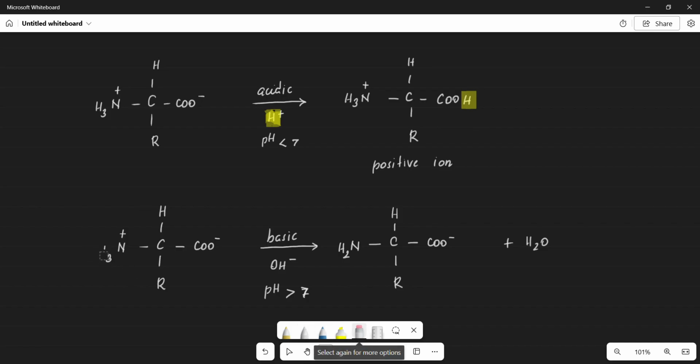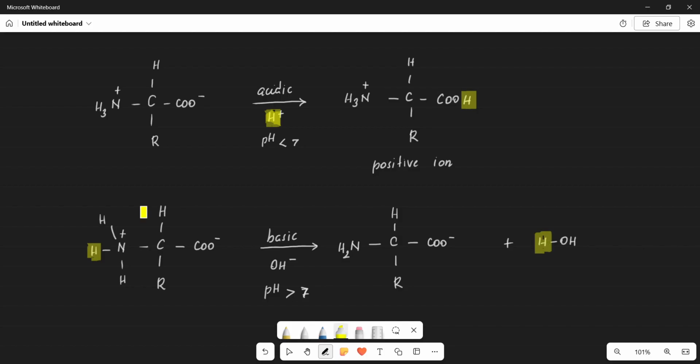So if this is having 1, 2, then 3 hydrogens, one of these hydrogens goes to form water, HOH.